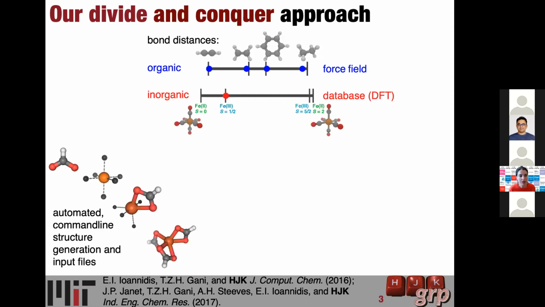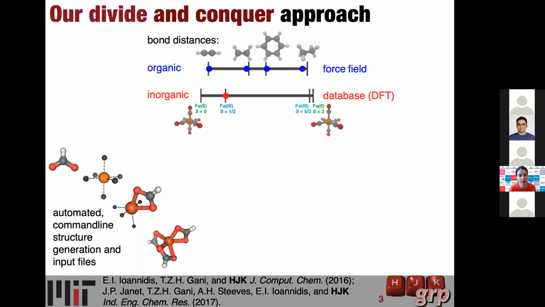So the first time we did this, we took a divide and conquer approach using organic chemistry and cheminformatics where it made sense in the organic parts of these molecules, and a database of DFT values that we later replaced with an artificial neural network for the metal ligand bond lengths.